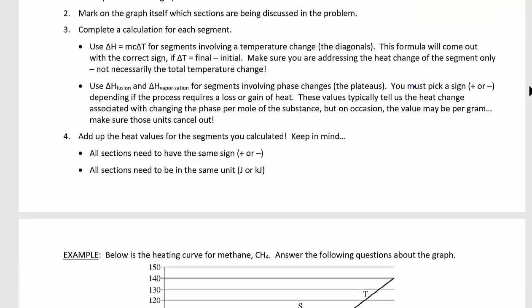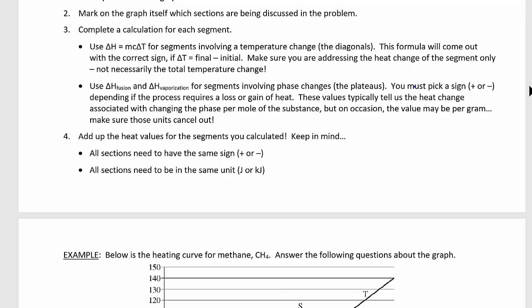You're going to use the heat of fusion and heat of vaporization for segments that involve phase changes, or your plateaus. So your heat of fusion is when a solid goes to a liquid, or when a liquid goes to a solid. Use the same heat of fusion calculation; you just change the signs. You use your heat of vaporization for when a liquid goes to a gas or when a gas goes to a liquid.